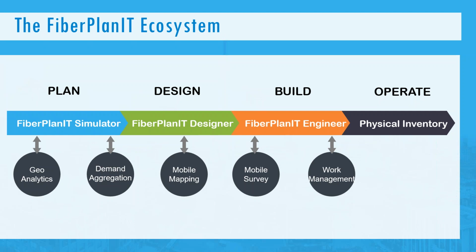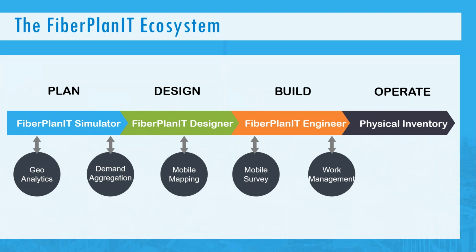Lastly, I want to have a look at maybe later stages for your project. So we covered planning until building of your network. Of course, you want to go and connect your customers, get them on a subscription. So you will need to operate your network and have a good view on what your network looks like and how to connect all the customers.